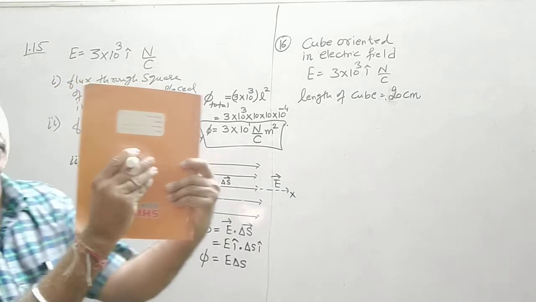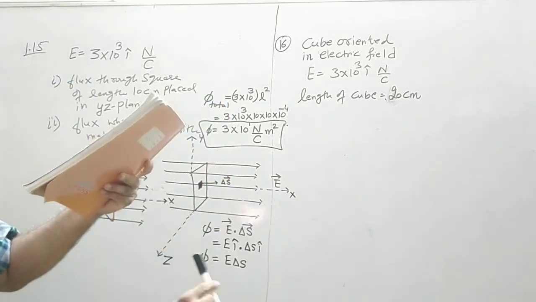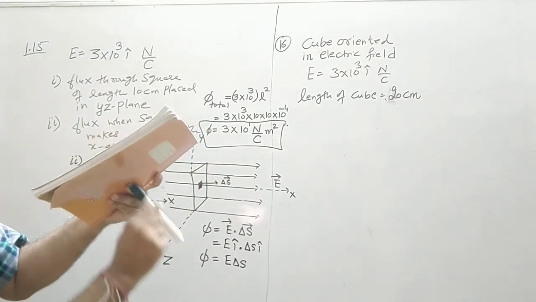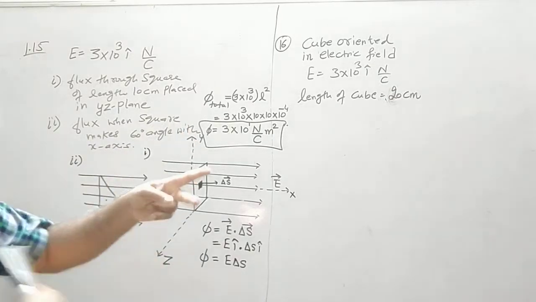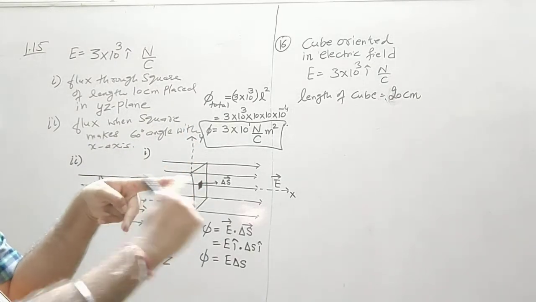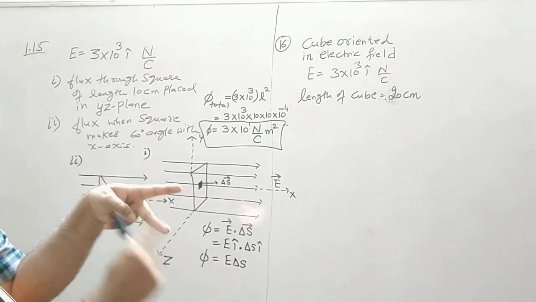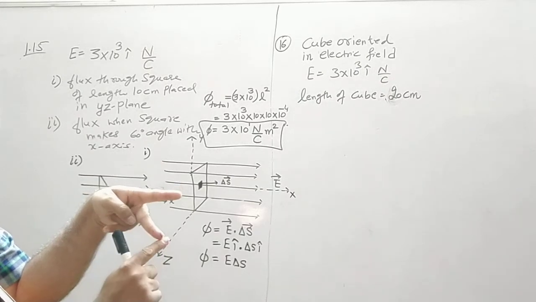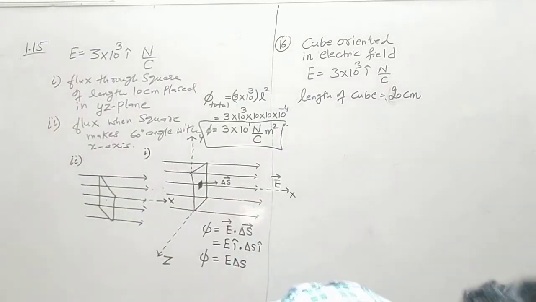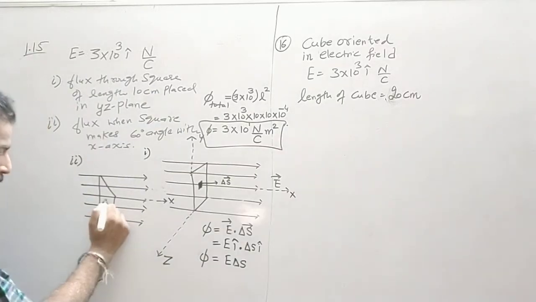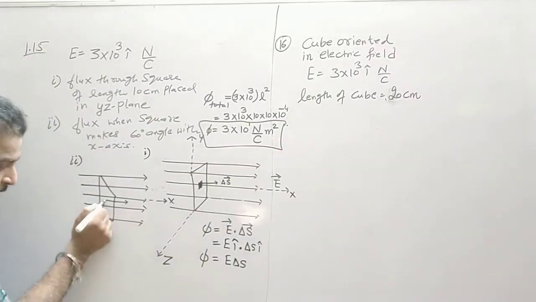It should be always perpendicular to the plane, so it will go downward. Electric field is along x-axis. So area vector is perpendicular to the plane, and this angle becomes 60 degree. So this is my direction of field.